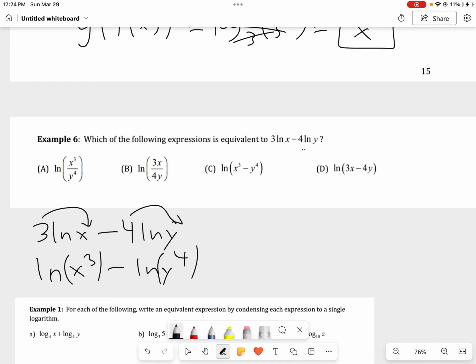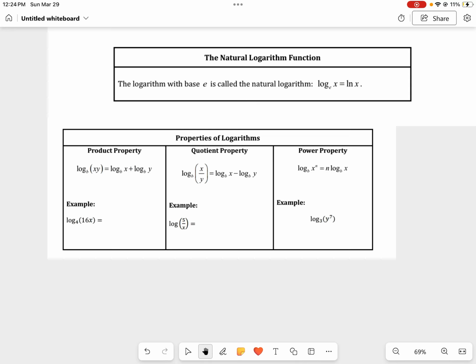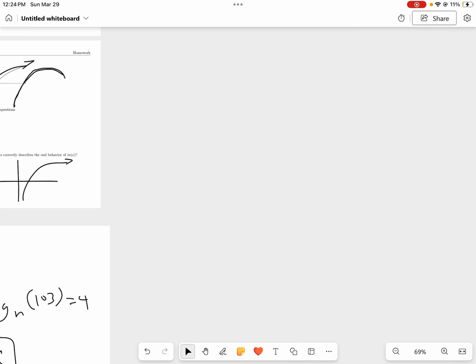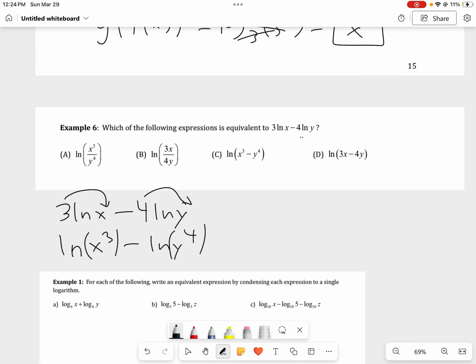And we know the properties, if we subtract the logs right here, we can put them over each other like that. So it's just going to be ln of this value over that value.